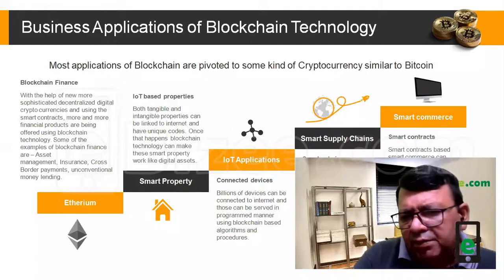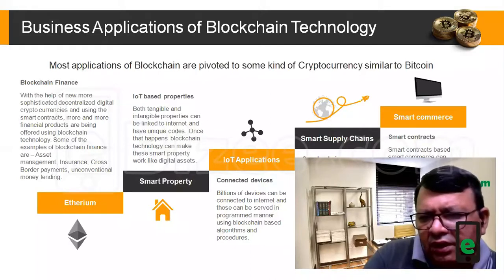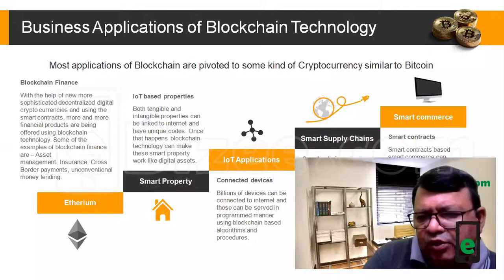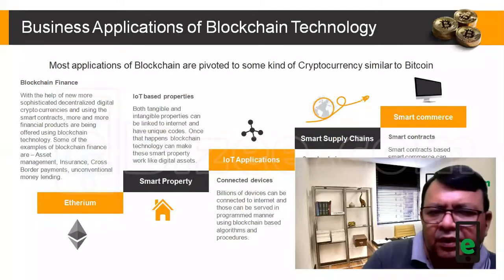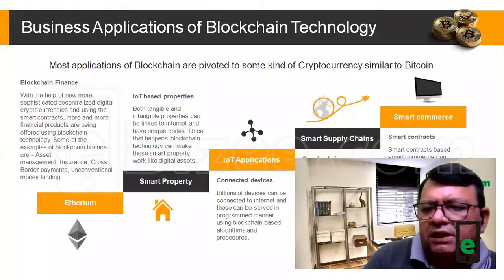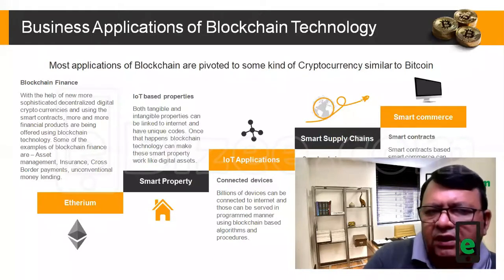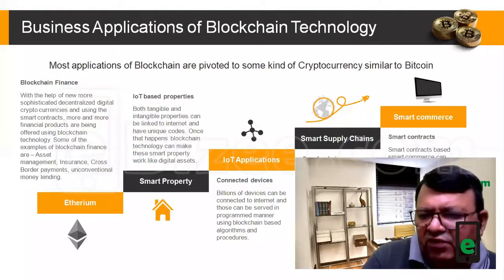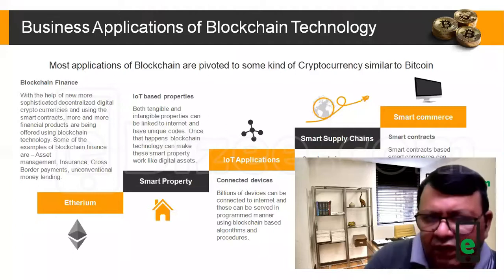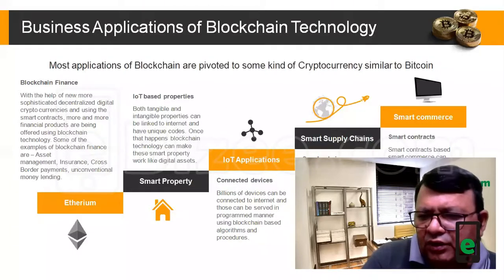So one of the major areas where these cryptocurrencies, which are similar to Bitcoin, along with the blockchain technology, can be used for business application is the category of blockchain finance. So in several financial products and services, in the financial sector, or so-called fintech industry, you will find more and more use of blockchain.